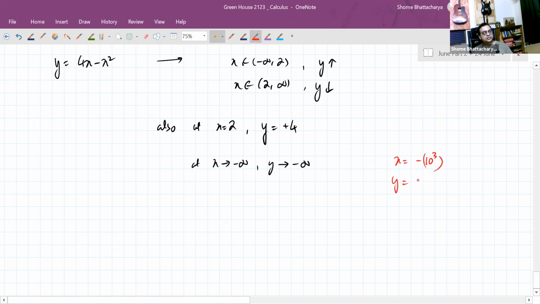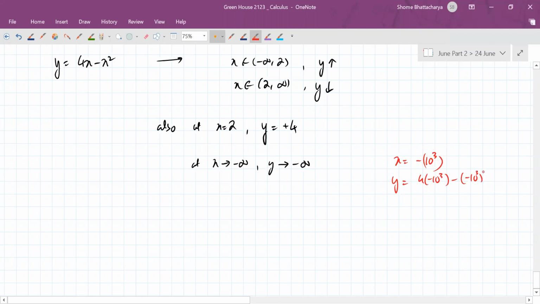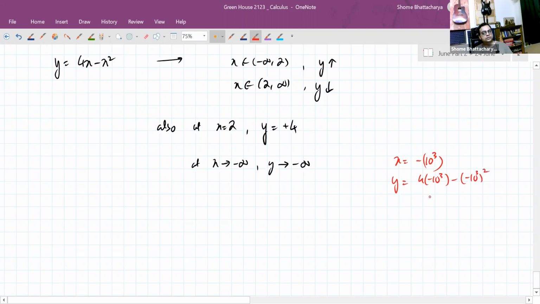So y will become 4 into minus 10 raised to the power 3 minus minus 10 raised to the power 3 squared. So it will become like minus 10 raised to the power 6 minus 4000, so it's like minus 1,004,000 something like this. So it's a huge negative number, no?